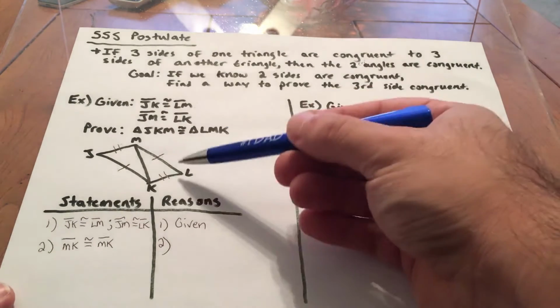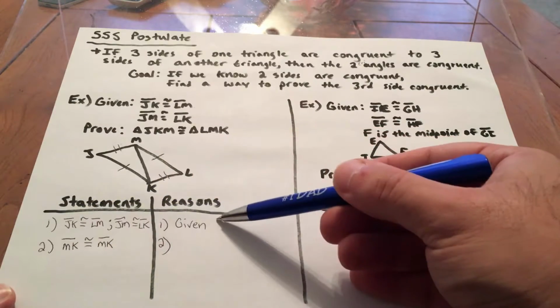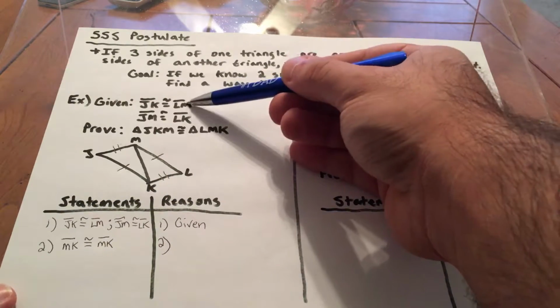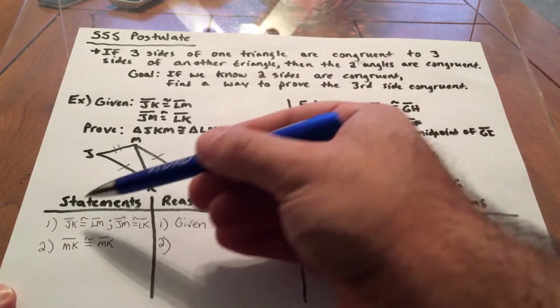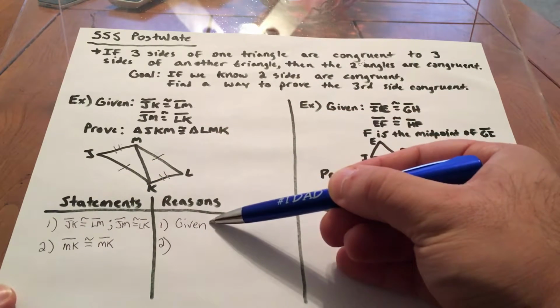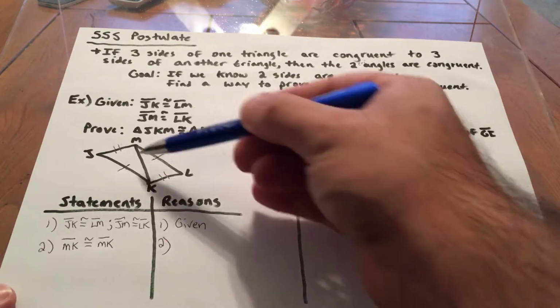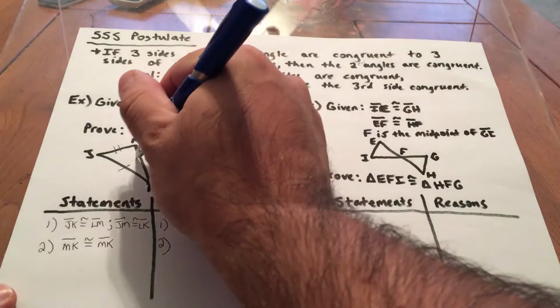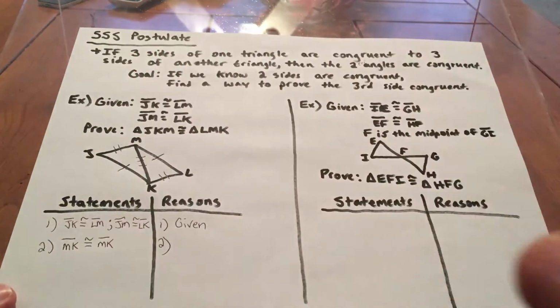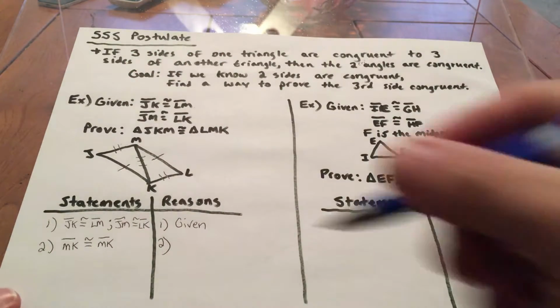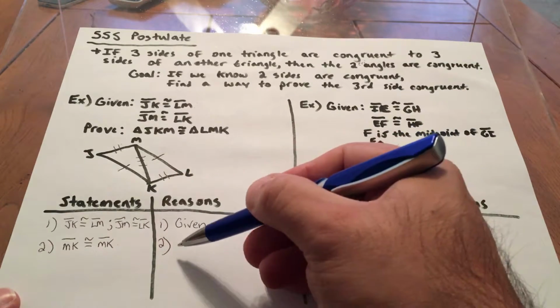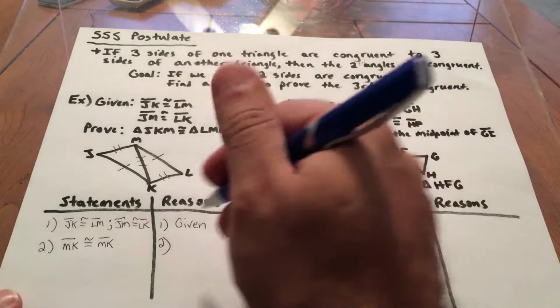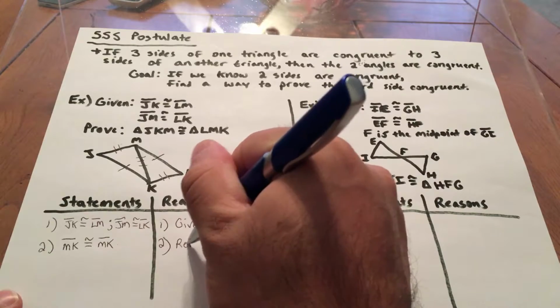Remember, with a proof, the first statement is always the given information. So I just took the two things that they told us up here and put them on this line, and the reason is given. Then, in order to prove this congruent, we can mark it on the drawing with 3 tick marks. MK is congruent to MK, and the reason for that is what we call the reflexive property, if you remember that.